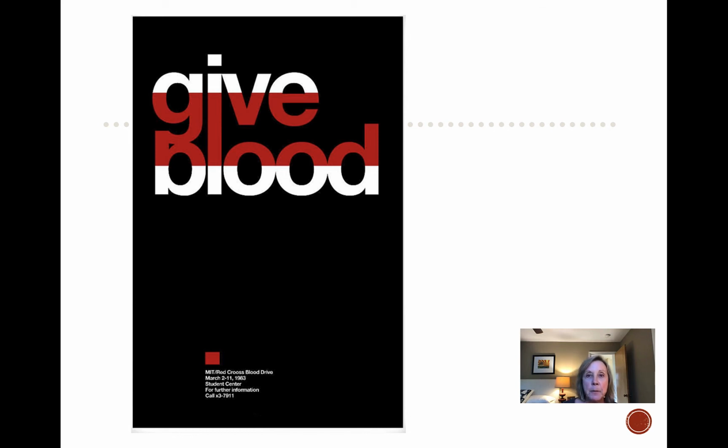Now let's think about what the designer was thinking when he or she made their decisions. First of all, this is a sans serif font. Many posters use sans serifs, and the reason is because they're legible from a distance. They're also really legible on backgrounds like photos.